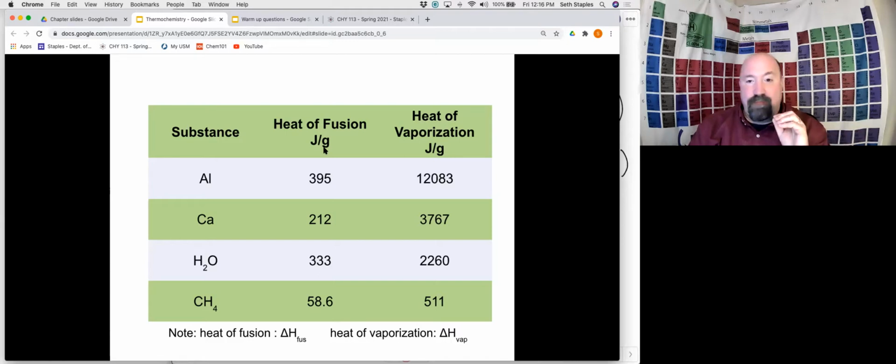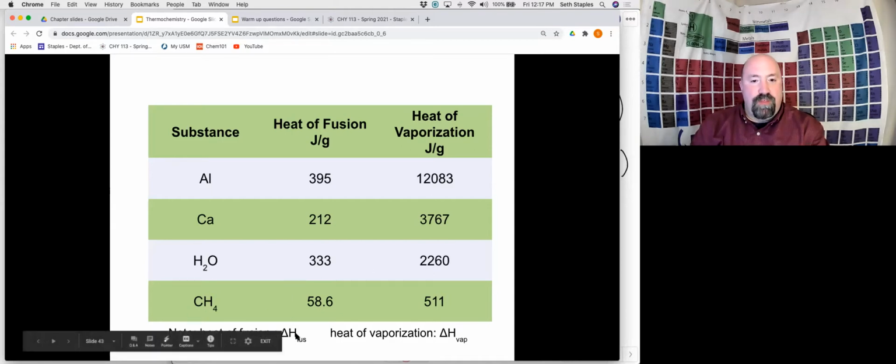And so if I have 1 gram of solid water at 0 degrees C, it's going to take 333 joules to then convert that over to liquid water. Likewise, if I have a gram of liquid water at 100 degrees C, it's going to take 2260 joules in order to convert that sample of liquid water over into a gas.